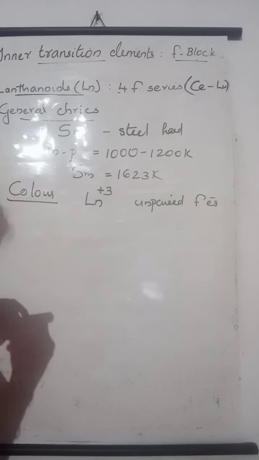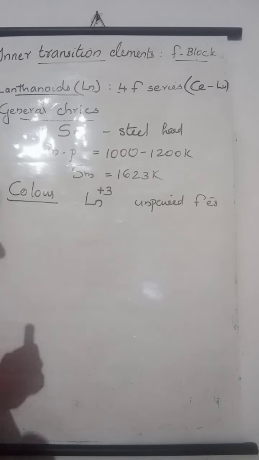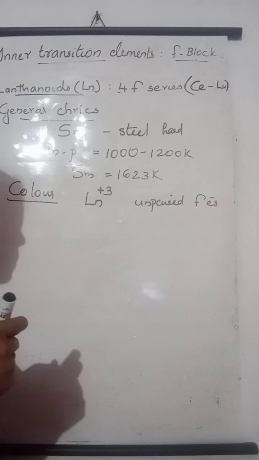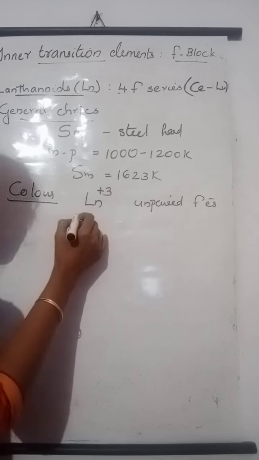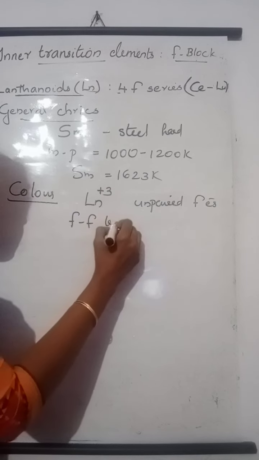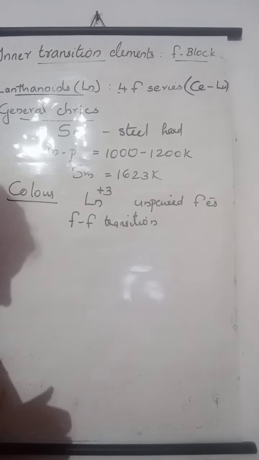The color of the lanthanoid ions is due to the transition of an f electron from a lower energy f orbital to a higher energy f orbital. That phenomenon is called f-f transition. So, the color of lanthanoids is due to f-f transition.